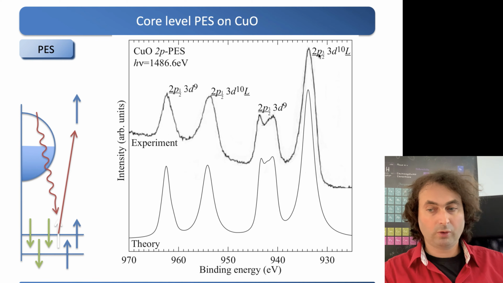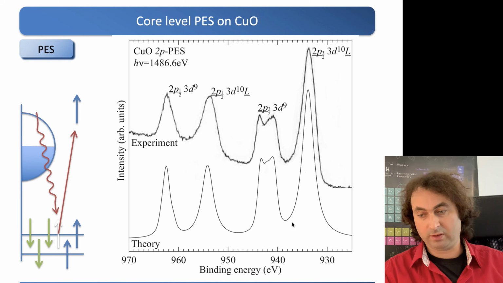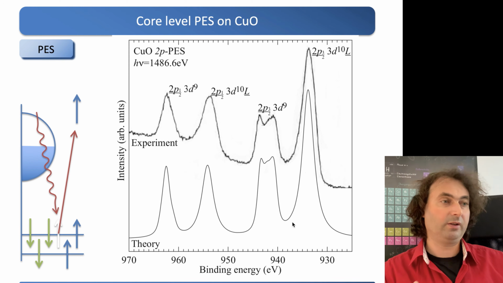Now we make a core hole such that here you have 10 core hole d interactions, and here you only have 9 core hole d interactions, and that splits the energy by a core hole d Coulomb interaction, which, well, is several electron volts bigger than the hopping amplitudes.